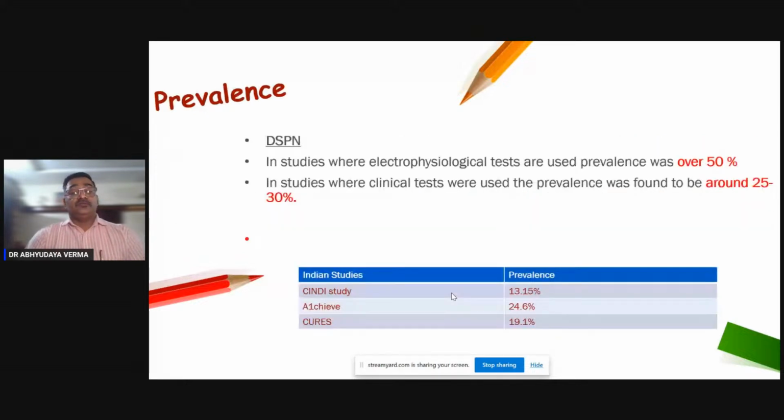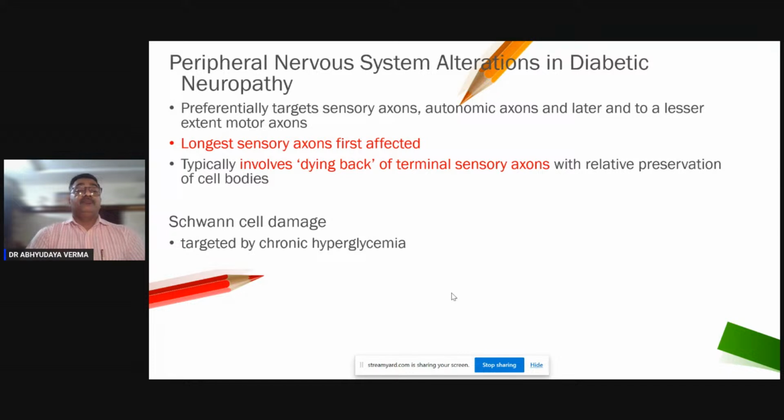You can see here the diabetic neuropathy, where it is about 50%. A lot of studies say around 25% diabetic neuropathy can be seen in our patients.